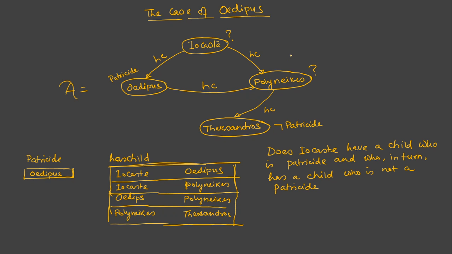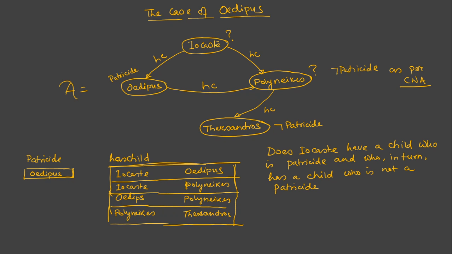Now as something that is not stated in the database is assumed to be false, we will assume that Polynicus does not belong to patricide as per CWA, right?